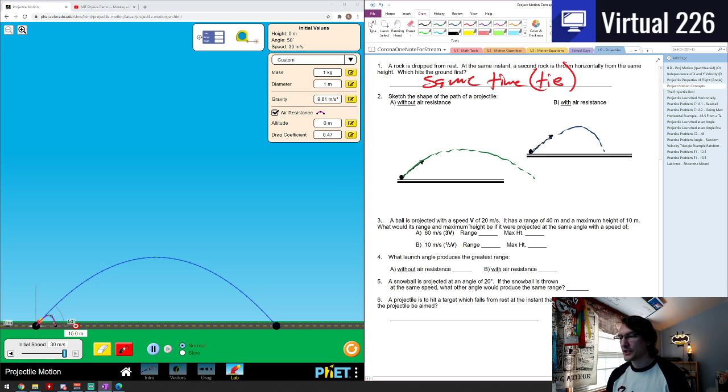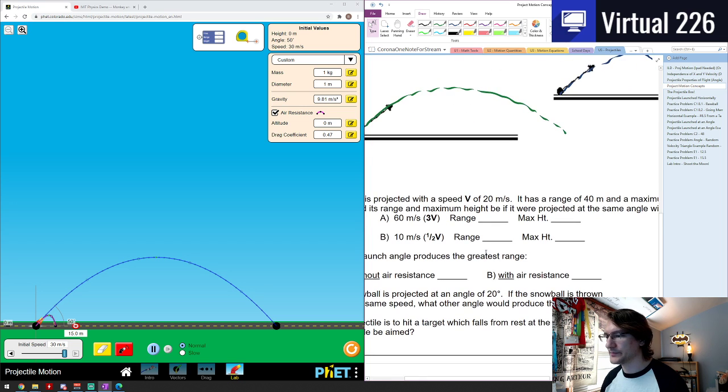A ball is projected at a speed of 20 meters per second, and it has a range of 40 and a max height of 10. What would the range and max height be if it were projected at the same angle with a speed of 60 and then 10? Well, if we take a look at this for number 3, if we have an initial speed of 20, whenever we go 60, that's 3 times that initial speed, right?